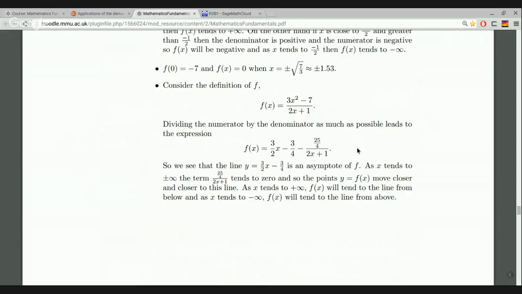So this implies that when you form f of x, which is this numerator 3x squared minus 7 over 2x plus 1, we just get 3 over 2 times x minus 3/4 plus this remainder part, which is minus 25/4, all over 2x plus 1.